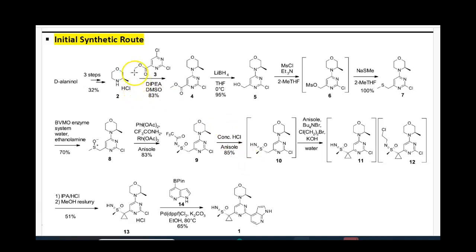If you consider, there are some challenges like this chiral morpholine derivative is quite an expensive raw material, so it is better to introduce this molecule at the later stage of the synthetic sequence. And also this rhodium acetate is quite an expensive catalyst, so use of that in commercial scale is also a big challenge.